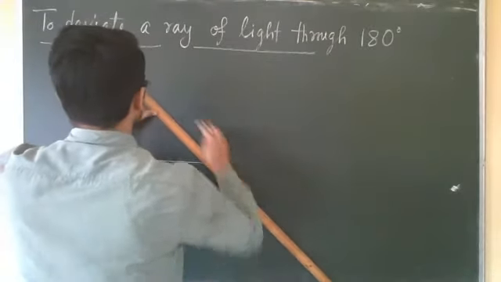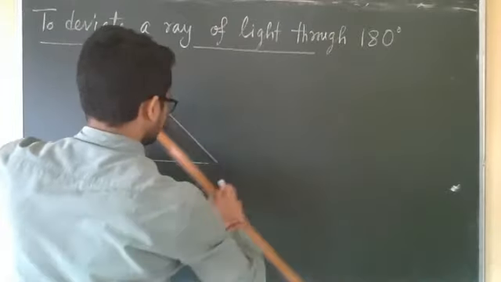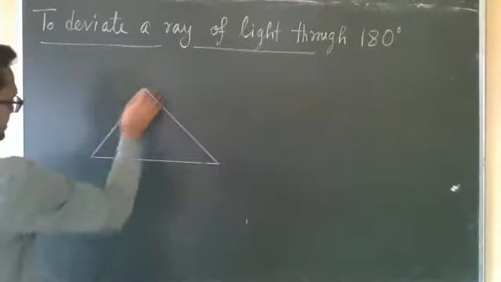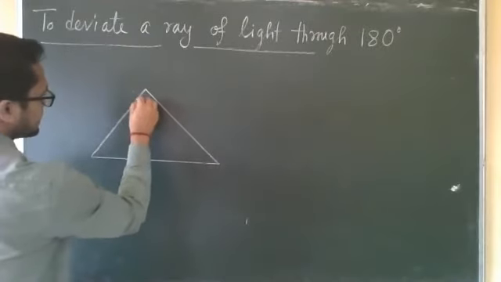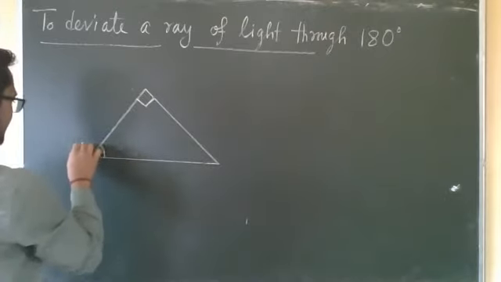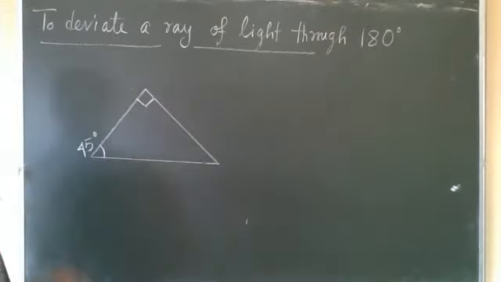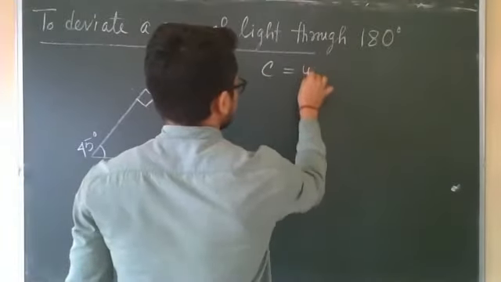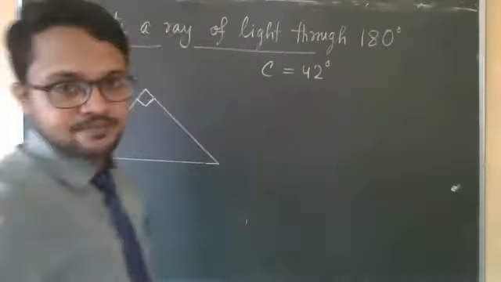This is the hypotenuse, this is one side, this is another side. Right angle isosceles means this is 45 degrees. This is a glass prism, and for glass the critical angle is around 42 degrees.